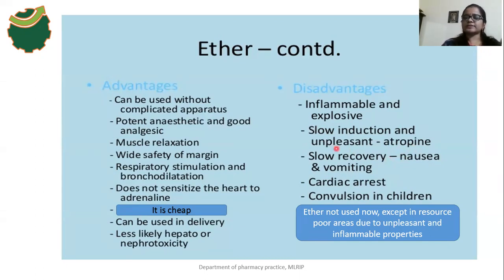It is very unpleasant, it induces anesthesia slowly, and the time required for recovery is very high. Cardiac arrest also occurs, and convulsions in children also occur, which are involuntary muscle contractions.